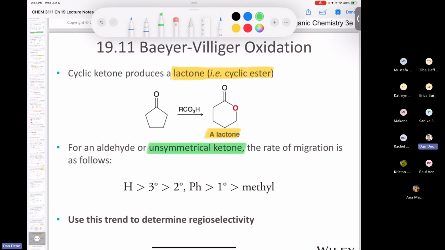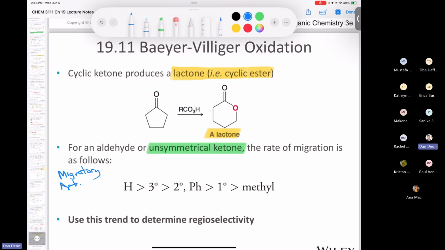Unsymmetrical, the rate of migration, and again, this is called migratory aptitude. If you want to Google it, you could say Baeyer-Villiger migratory aptitude. I'll just put aptitude. I like that. Anyhow, I've actually gone ahead and looked this up in a book a few years ago.